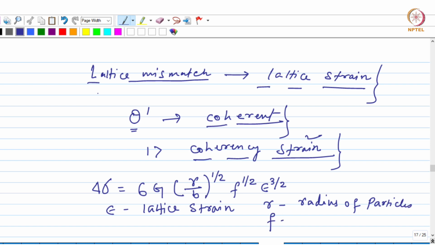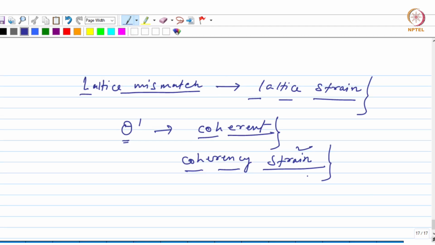And F is the volume fraction of the particles. Other terms have their usual meanings. G is the shear modulus and B is the Burgers vector of the dislocations. So that is one of them.